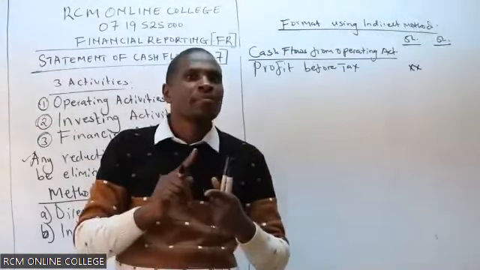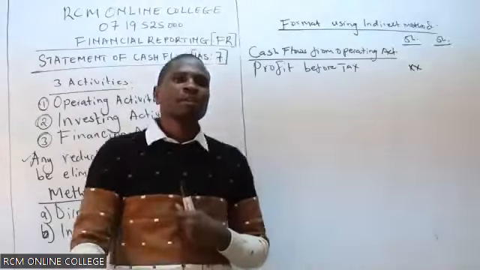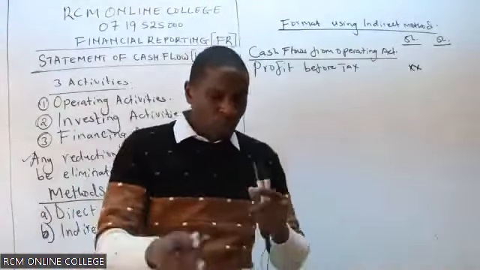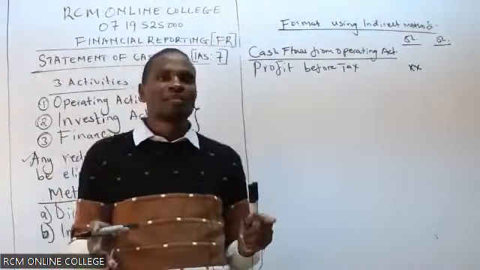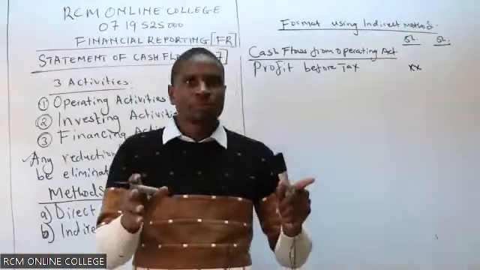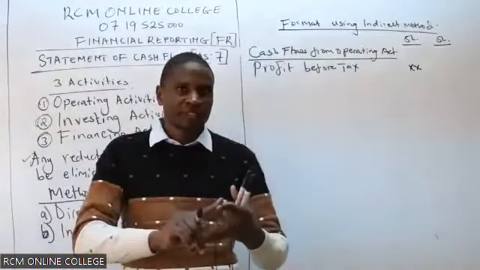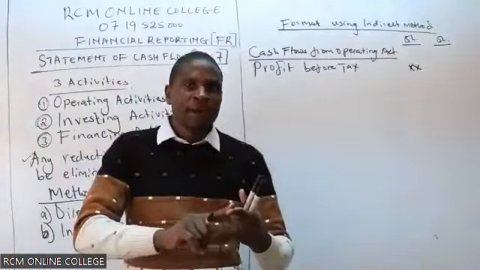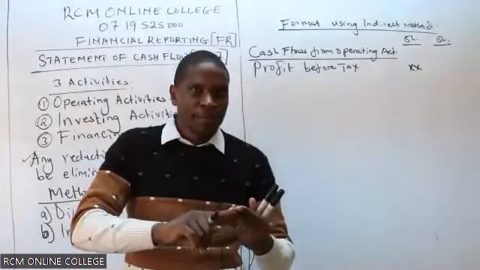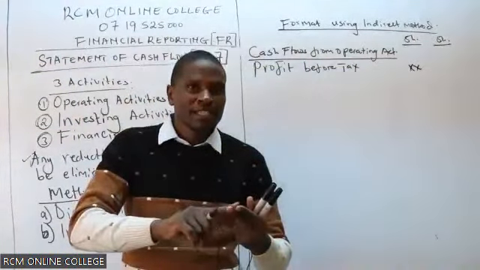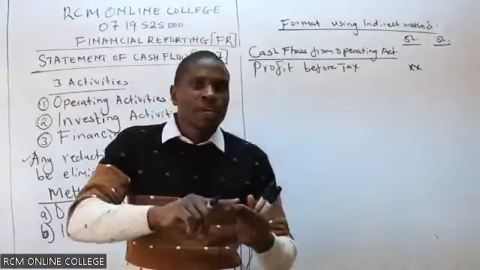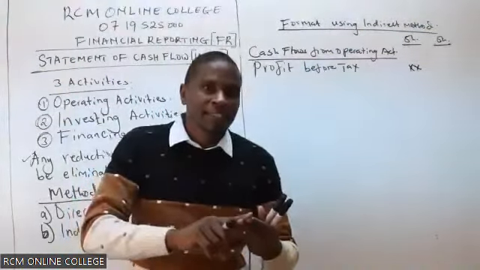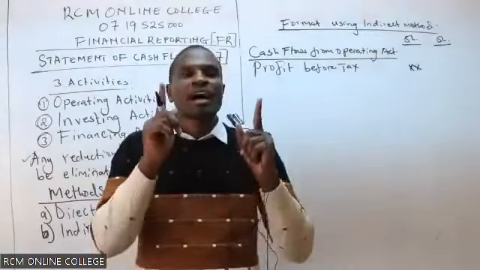The profit before tax. I want to send you to the format of the income statement. You check how the income statement is. We have sales, less cost of sale, and then we less expenses. Once you less expenses, before you less tax, we have profit before tax. And then you less tax to get profit after tax.